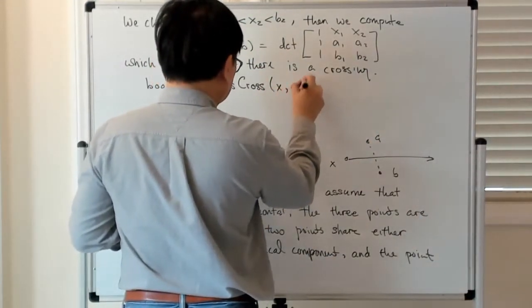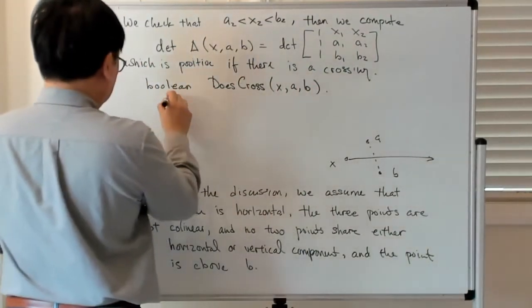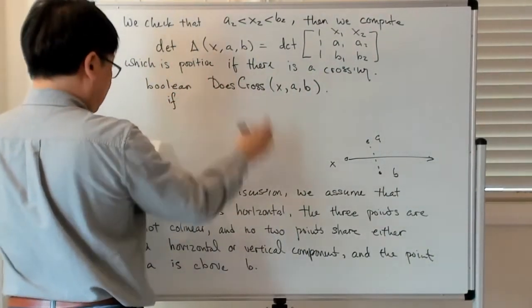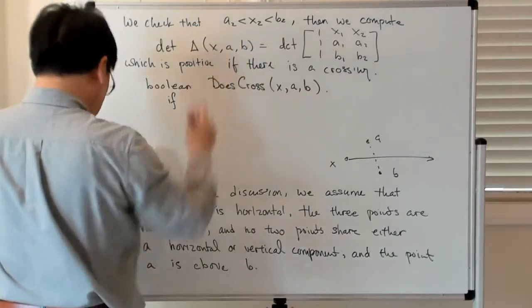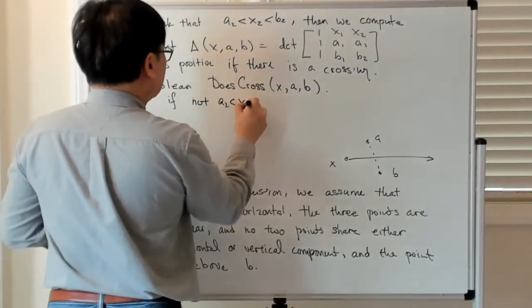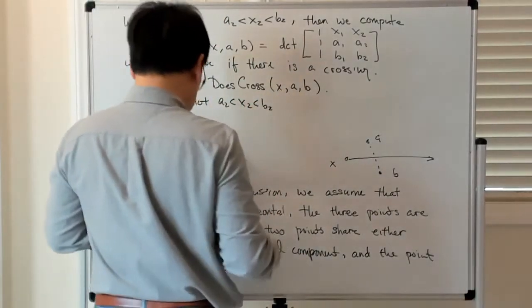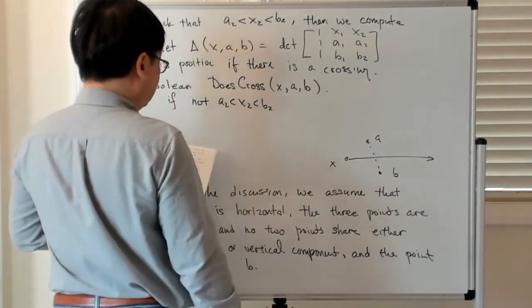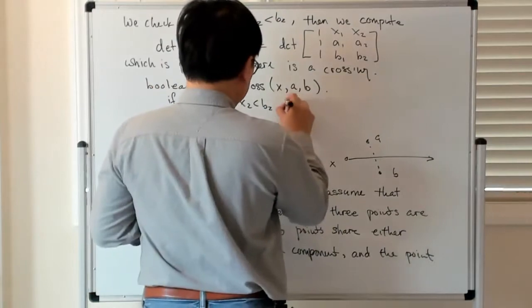First you check this orientation condition. If not A2 less than X2 less than B2, then you return false.